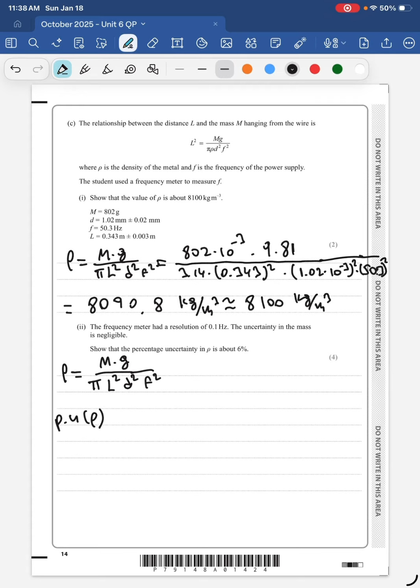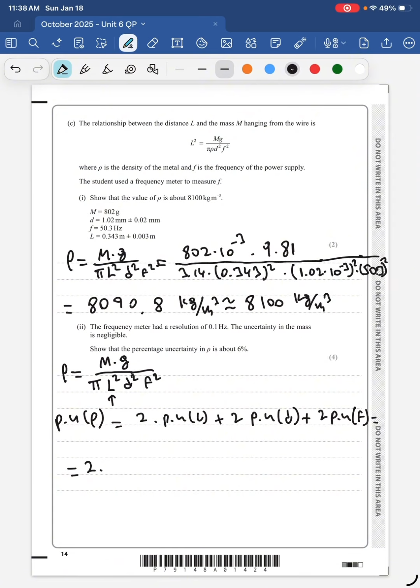Because M does not have an uncertainty, we will have 2 times the percentage uncertainty in L, because it's L squared, plus 2 times the percentage uncertainty in D plus 2 times the percentage uncertainty in F. And I have a video explaining why this is so, okay? But the short answer is because we are dividing quantities. So when we divide quantities, we add percentage uncertainties. Okay, so let's quickly calculate all this.